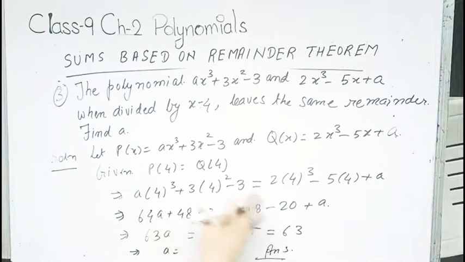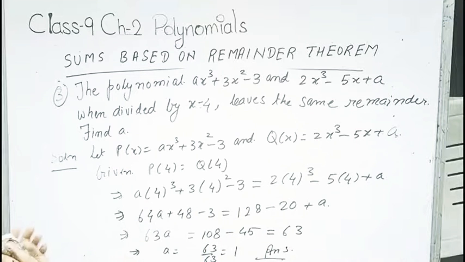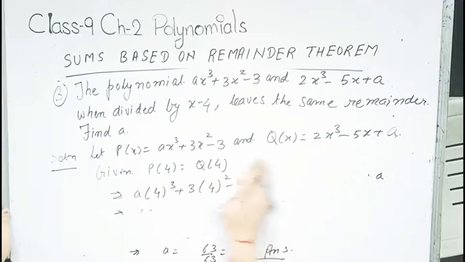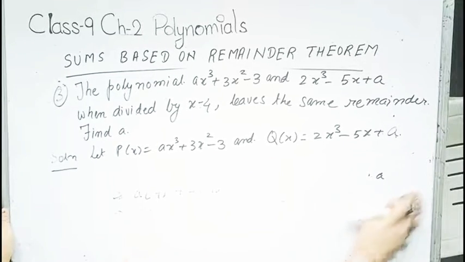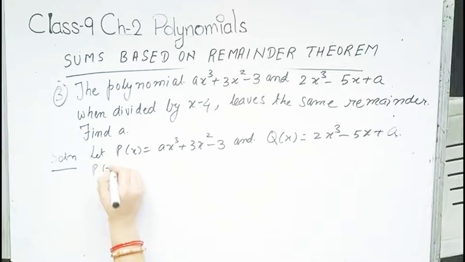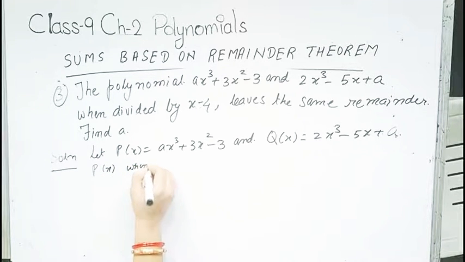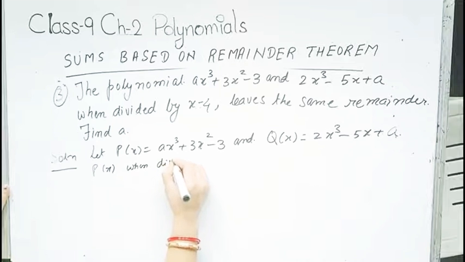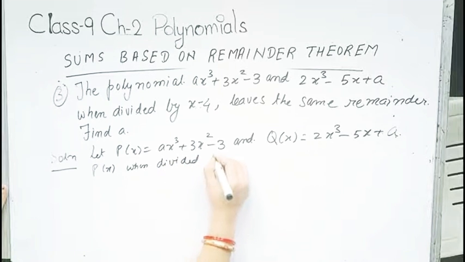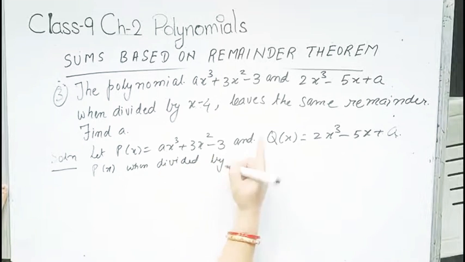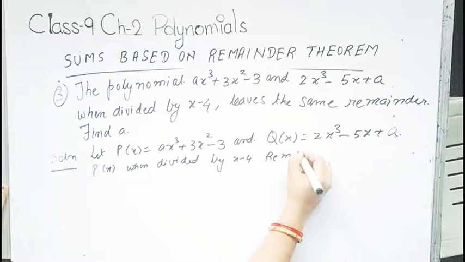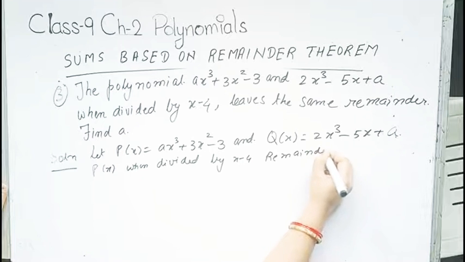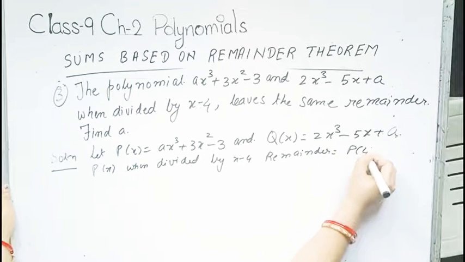Now children, if you feel uncomfortable with this method, what you can do is, first I think you have understood. Now you simply follow and write: p(x) when divided by x minus 4, remainder equals P(4).